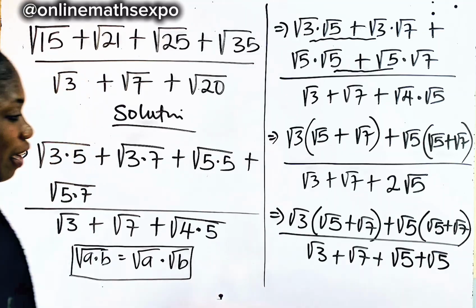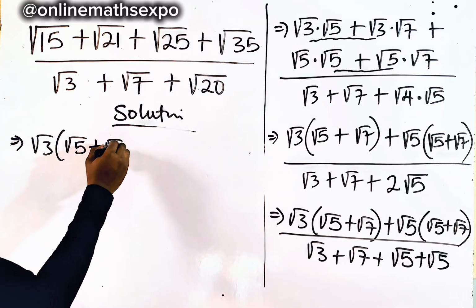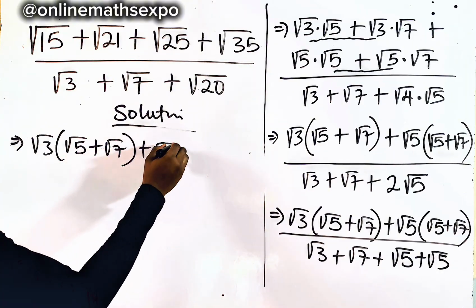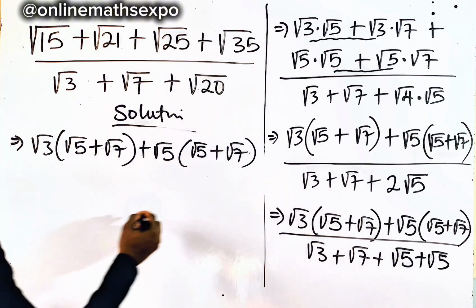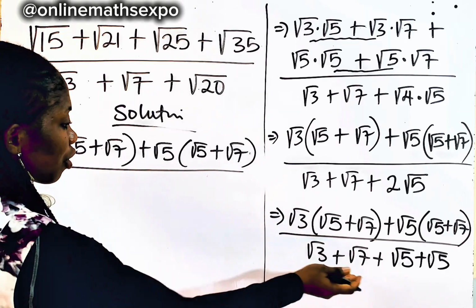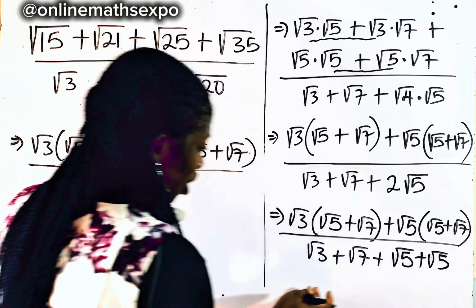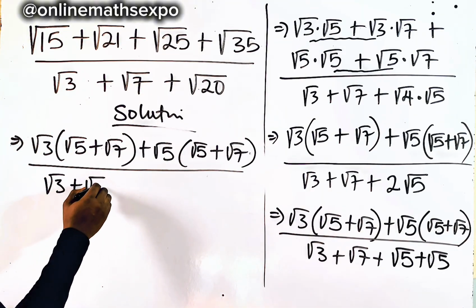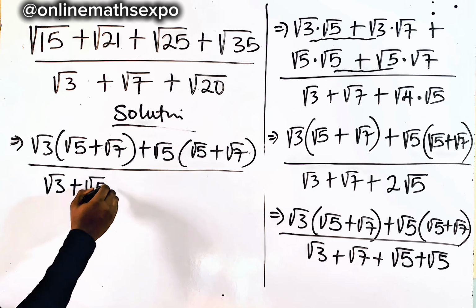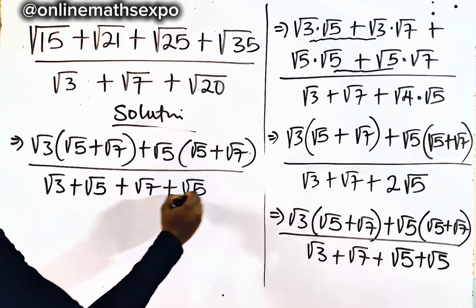So from here we have root 3 into root 5 add root 7 plus root 5 into root 5 add root 7, and this is divided by, for this, we are going to rearrange it. So it's going to be root 3 plus root 5. Then root 7 plus root 5.